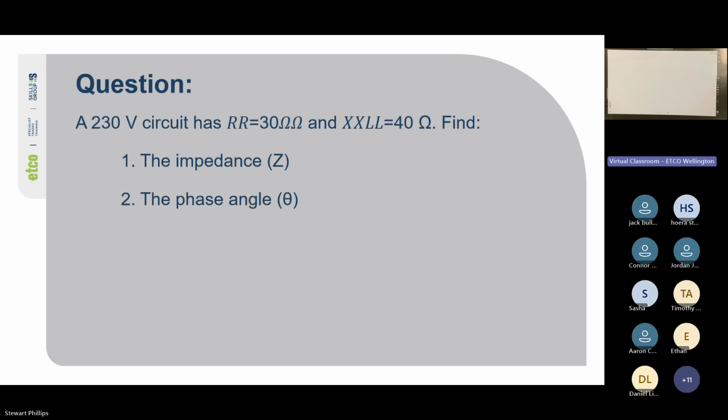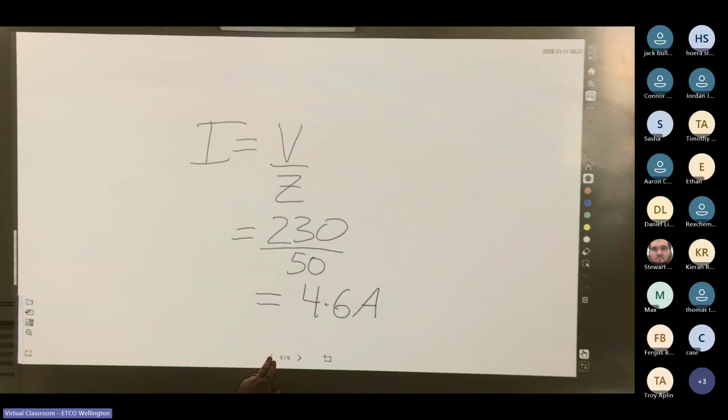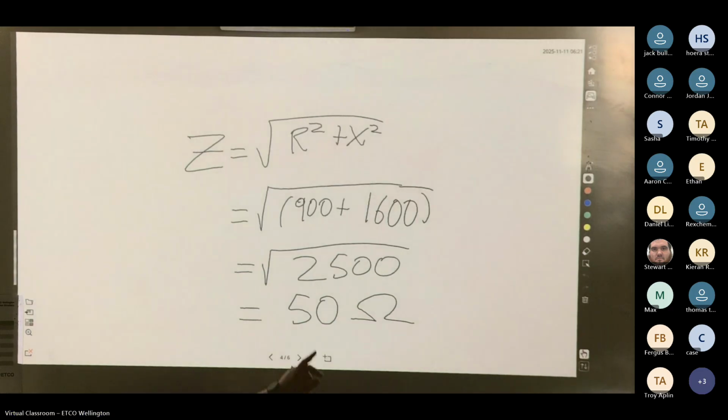We already kind of know the impedance for this one because we looked at it earlier. So we go back to this one. We already have our impedance from the last one: 30 and 40, so we already know we have an impedance of 50.